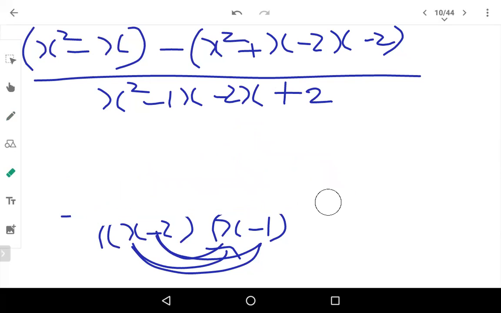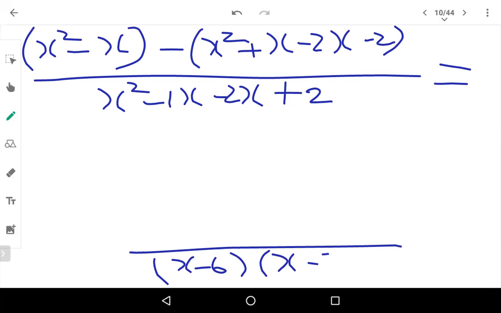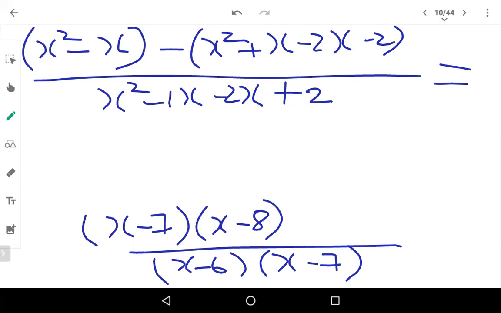Now on to your right hand side of the equation, let us write down what was left out. I'll just write the right hand side below. So what was the LCM? x minus 6 into x minus 7, and then you will have x minus 7 into x minus 8, and then minus x minus 6 into x minus 9.